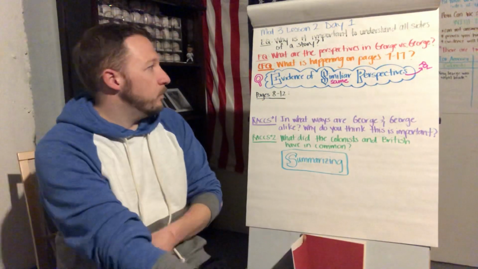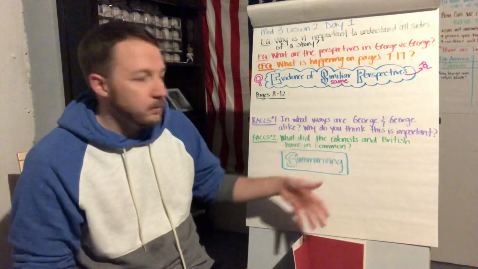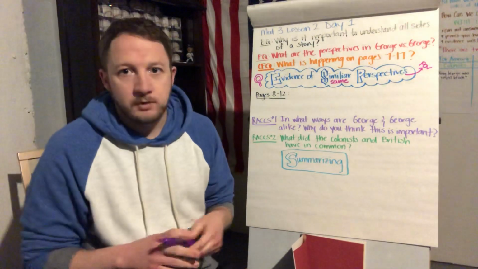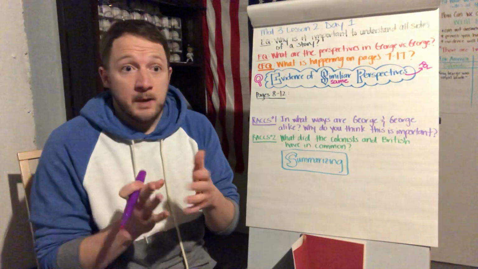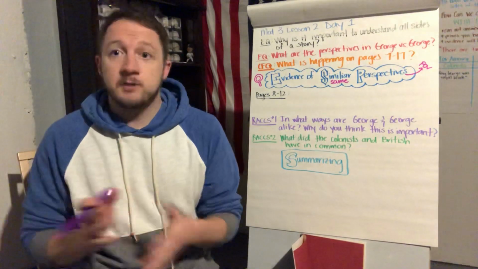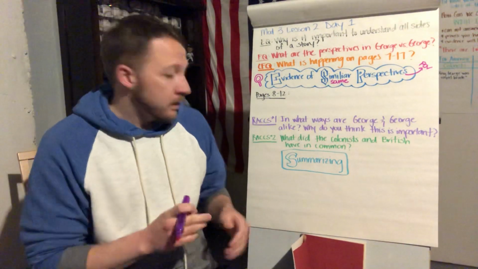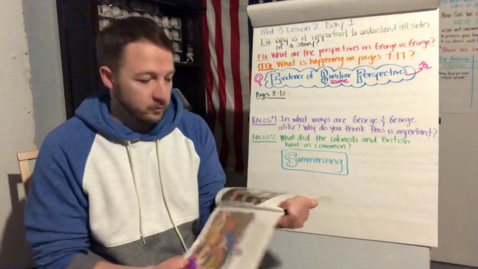Now, we talked a lot about evidence and why it's important to collect evidence. And as you go through this book, there's gonna be plenty of times where you can gather evidence to prove your point, to maybe support the British, or maybe support the colonists, okay? That's why we set up that chart yesterday. Now, I'm actually gonna start off by reading 8 through 12 with you.